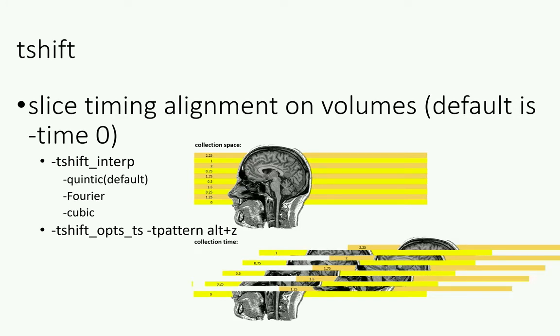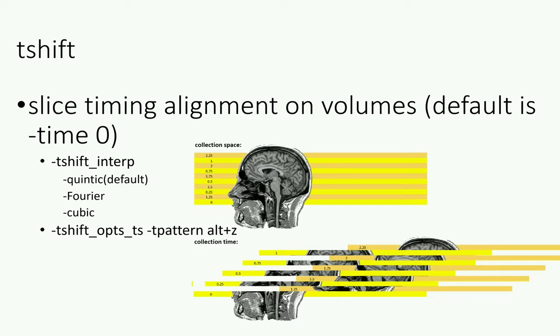Time shift, as Miriam presented in more detail, is the way in which you can go through your data and take what's given you spatially and correct for the fact that that spatial information was scattered over time.